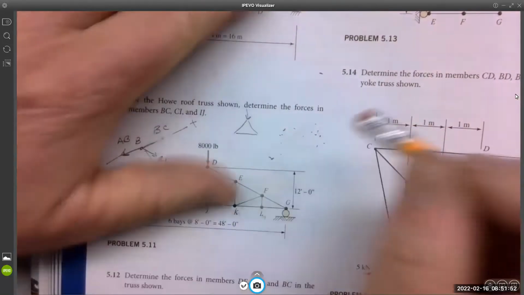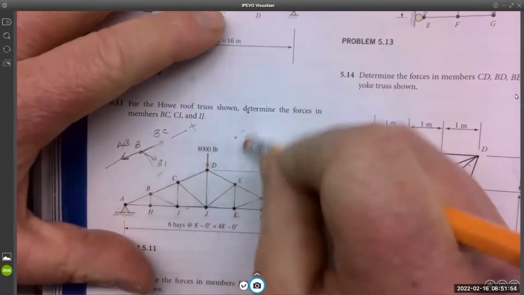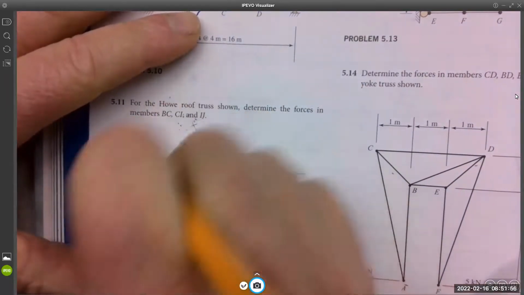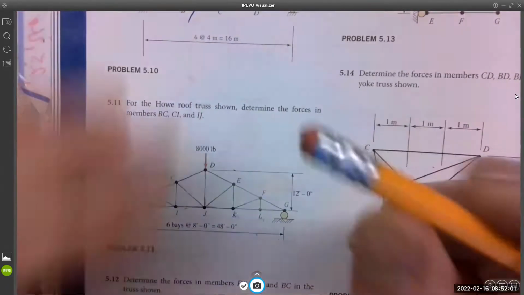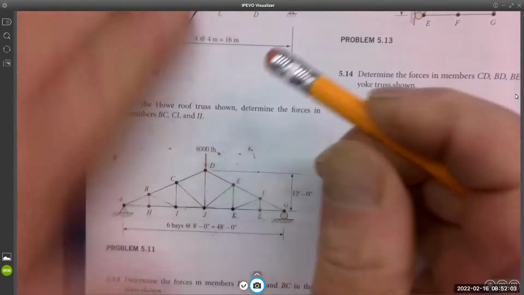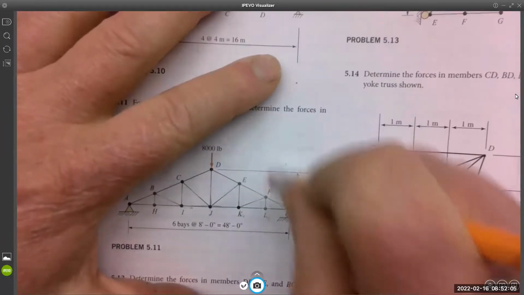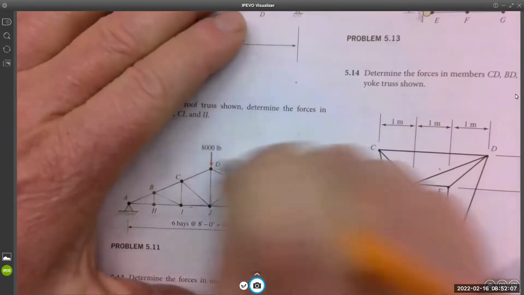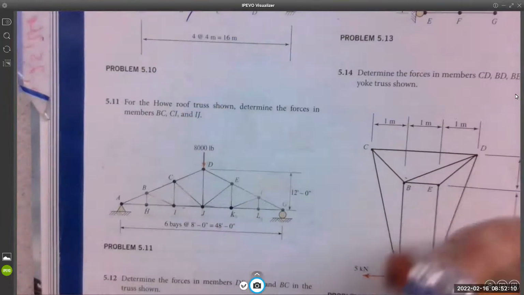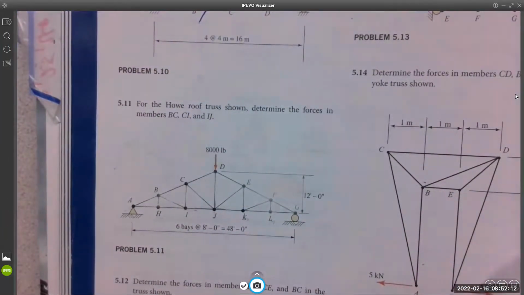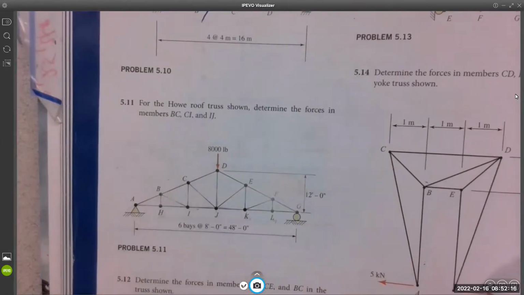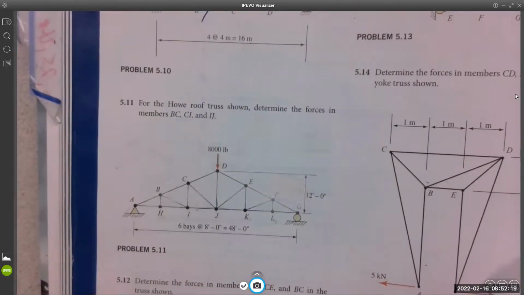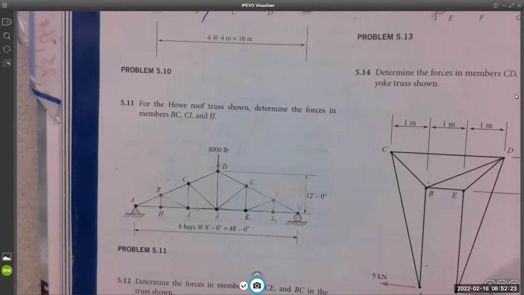Look for a T. Take your time, look at it. I shouldn't draw in my book. All right, where do you think they're at? Yeah, BH looks like it might be 0. And opposite side, FL. Yeah. Very good.